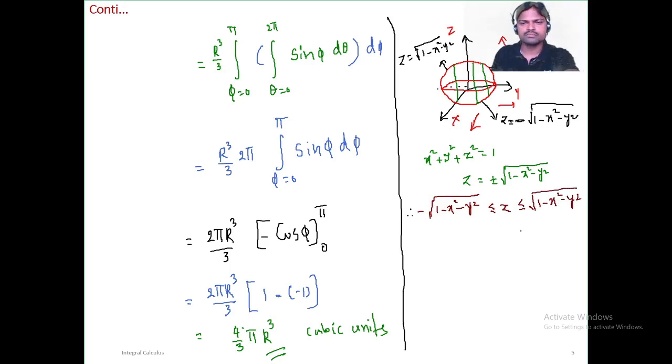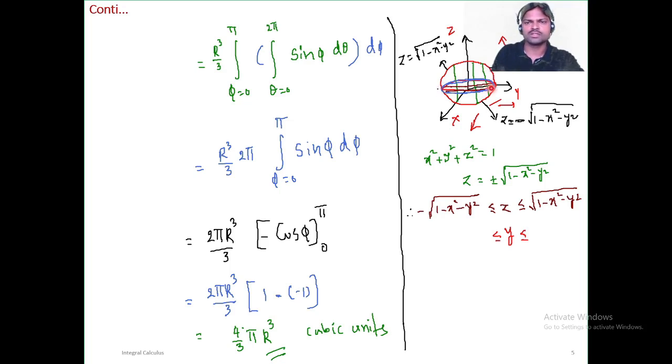Next I want the y limits. Now we need to consider the 2D xy plane. In the xy plane, you have to consider this portion. This is actually a circle, right? In this circle, y starts from here and ends here.